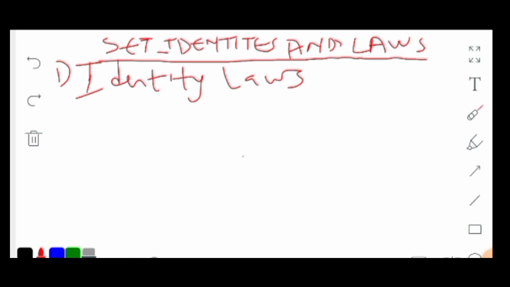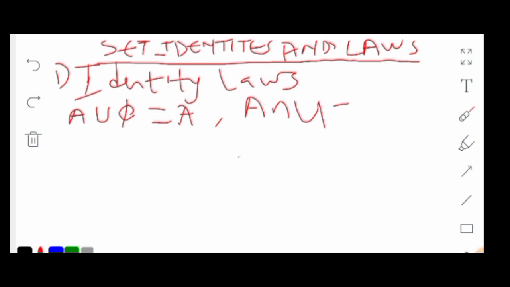Identity laws say A union empty set always gives us A. So if you join together A and the empty set, it always gives us back set A. Also A intersection universal set always gives us A. So when you find the common elements between A and the universal set, it always gives us A.